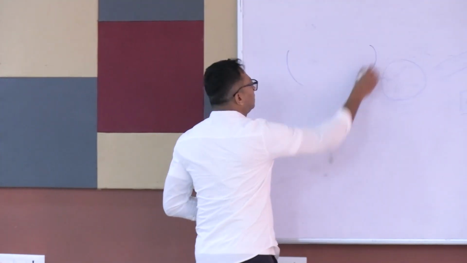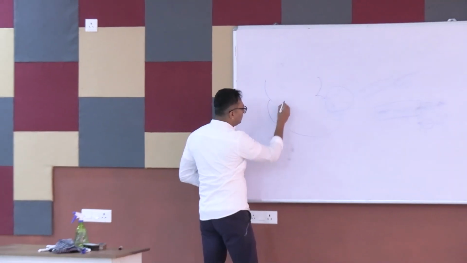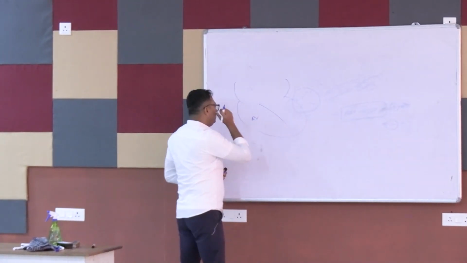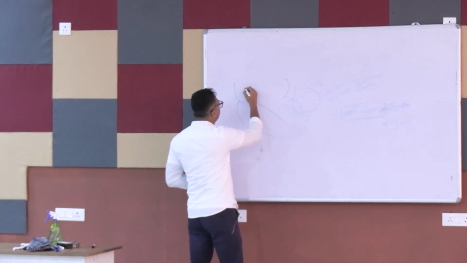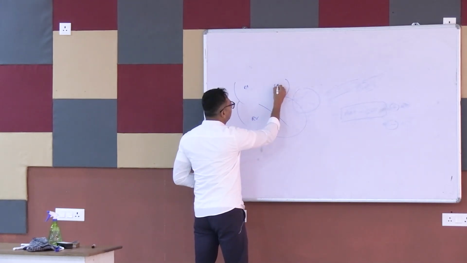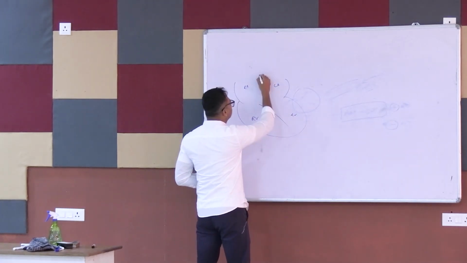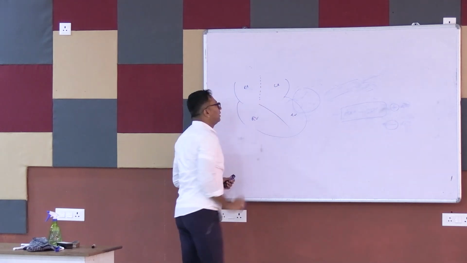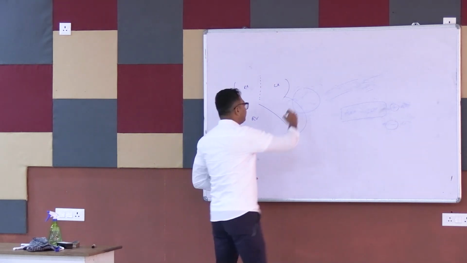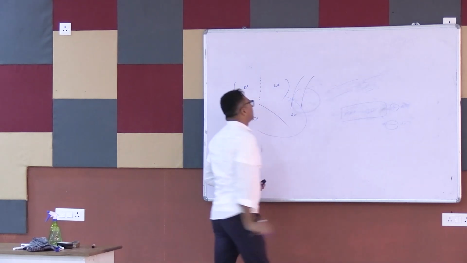So, you have RV, RA, LA, LV, right, okay, and aorta is originating from your LV.